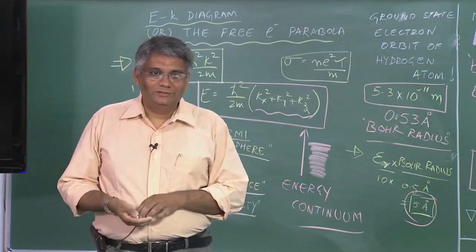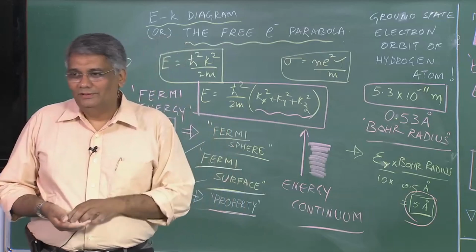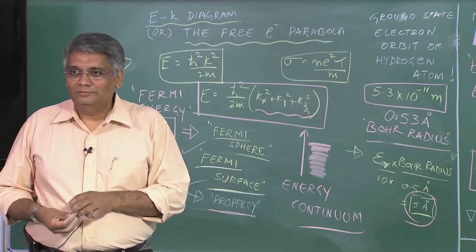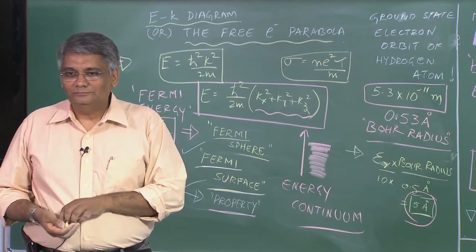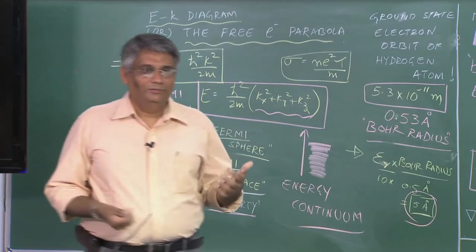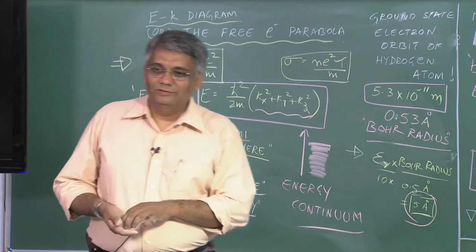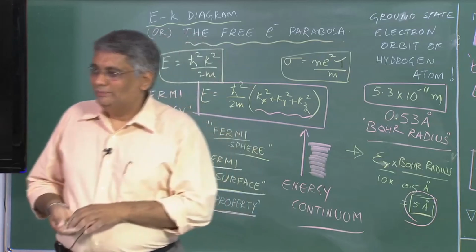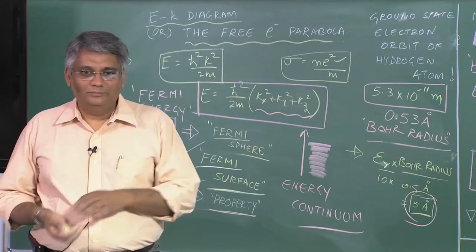What is the significance? Is the Fermi energy a small number or a large number? In a solid, when we talk about the Fermi energy of a given element or a solid, is it a small value or a large number?